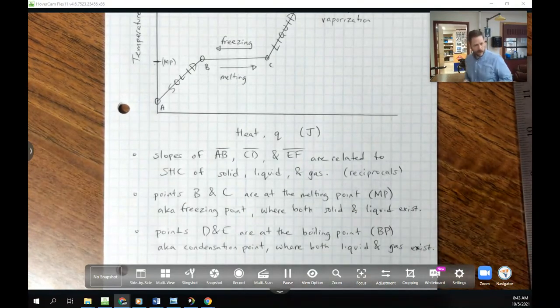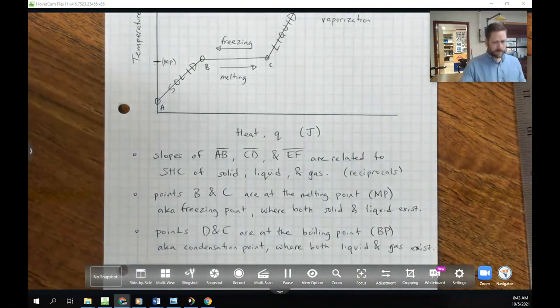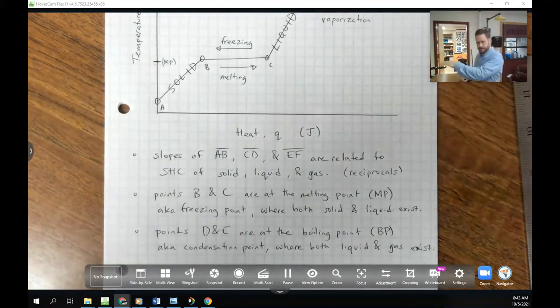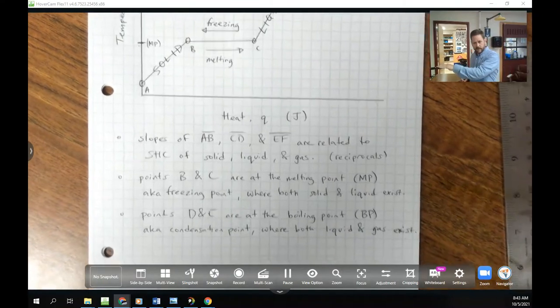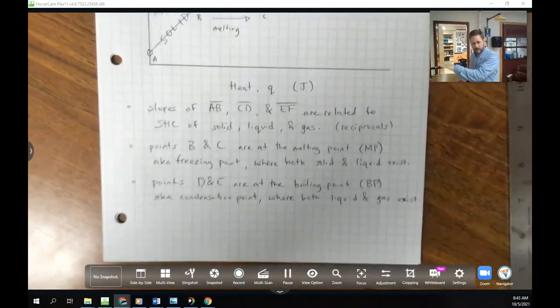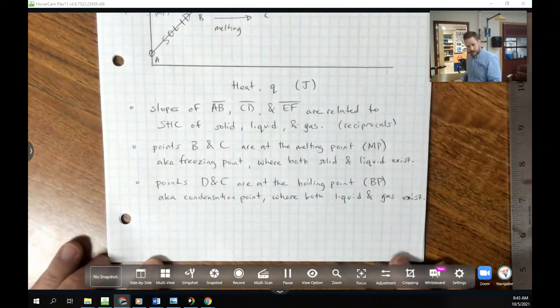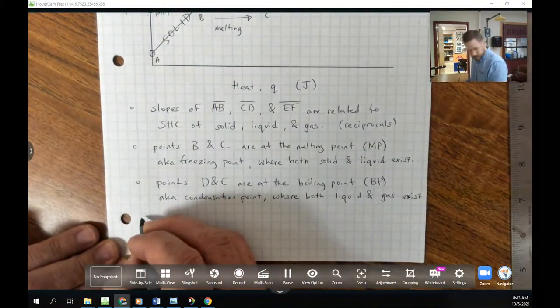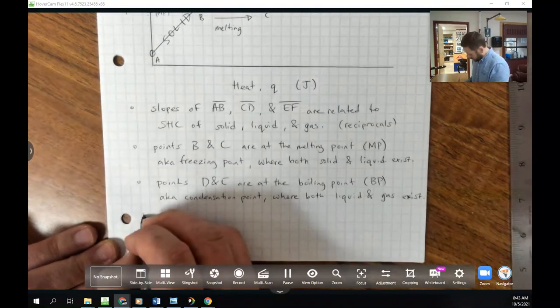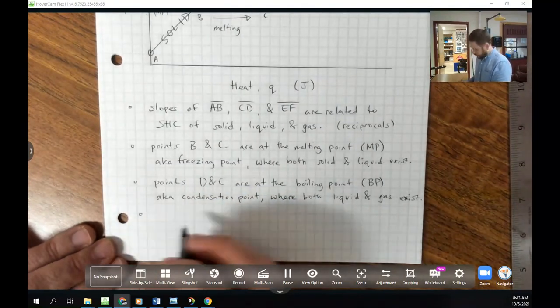Now, there is one more concept I want to include here, and that has to do with the length of lines BC and DE. You can watch how I'm going to write this carefully.